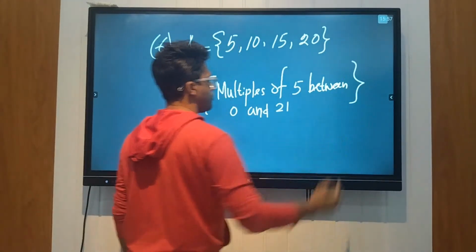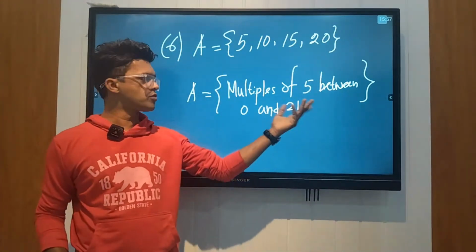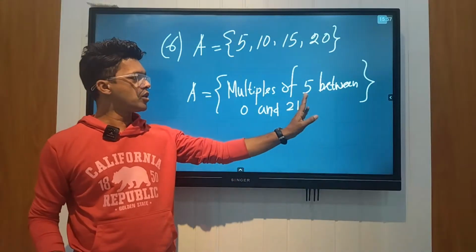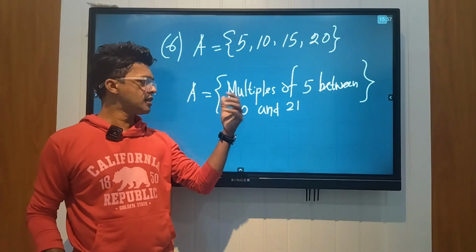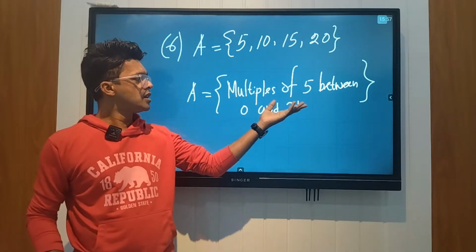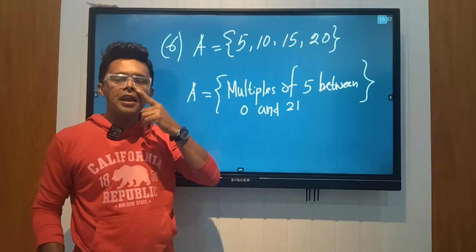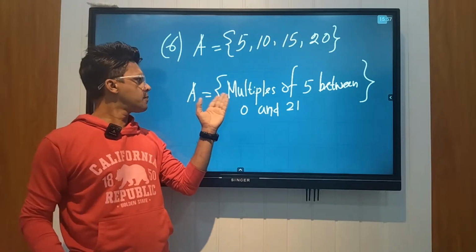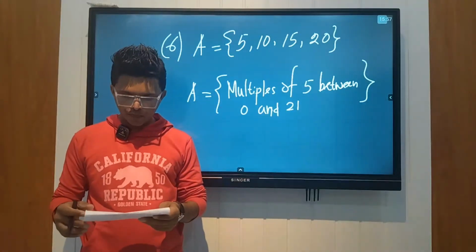Yes, between 0 and 21, or 22, 23, 24, up to 24 you could write. But again, you can't write between 0 and 26, because then 25 also should be an element in the set A. But anyway, this is the answer: A = multiples of 5 between 0 and 21.